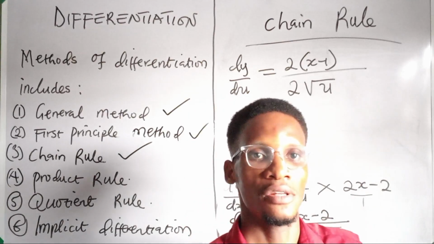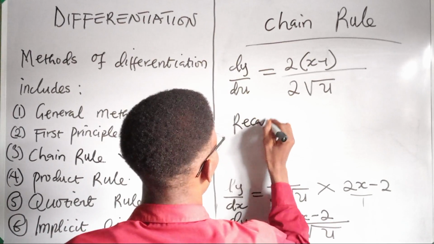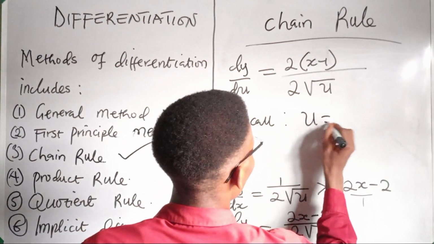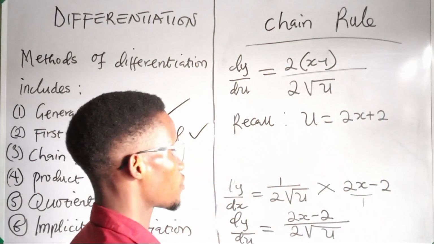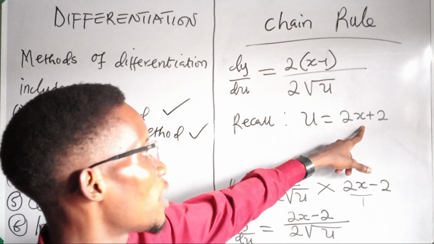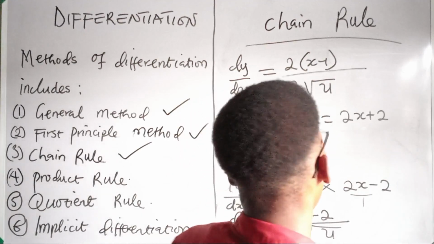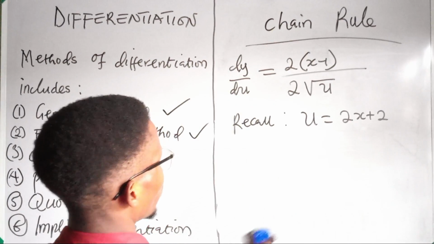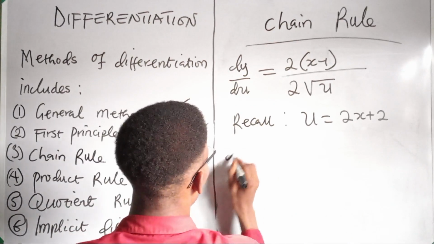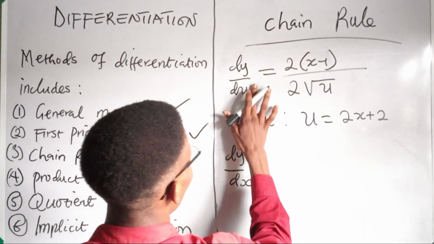So now recall that u equals 2x plus 2. That is what was given. So now you can substitute what we assumed to be u.